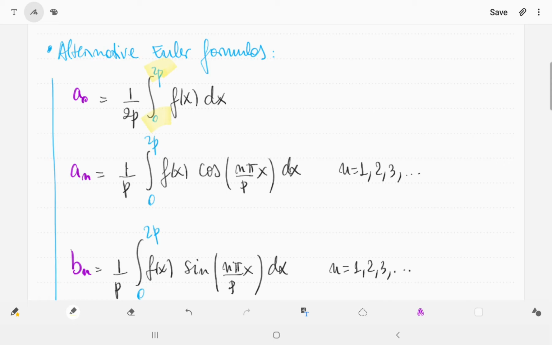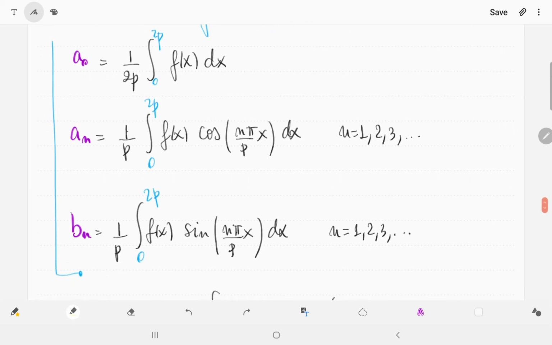The only thing we have to take care of is that the interval has length 2p. Before it was minus p to p, which has length 2p, but this new interval 0 to 2p is also valid because it also has length 2p. So you can use whichever you want; the result is the same.